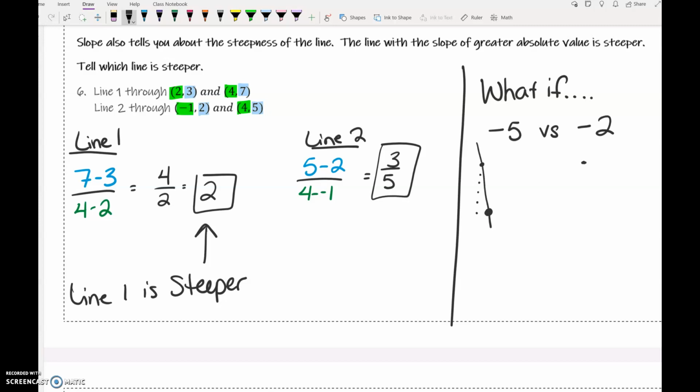Negative 2 would be down 2, right 1. Which one would be scarier to ski down? Negative 5, so that one is steeper. Negative 5 is steeper. So you're not looking for the bigger number, you're looking for the number that has the bigger absolute value. If you took the negatives off completely, which one would be bigger? So if you took the negatives off, 5 would be bigger, that one would be the steeper slope.